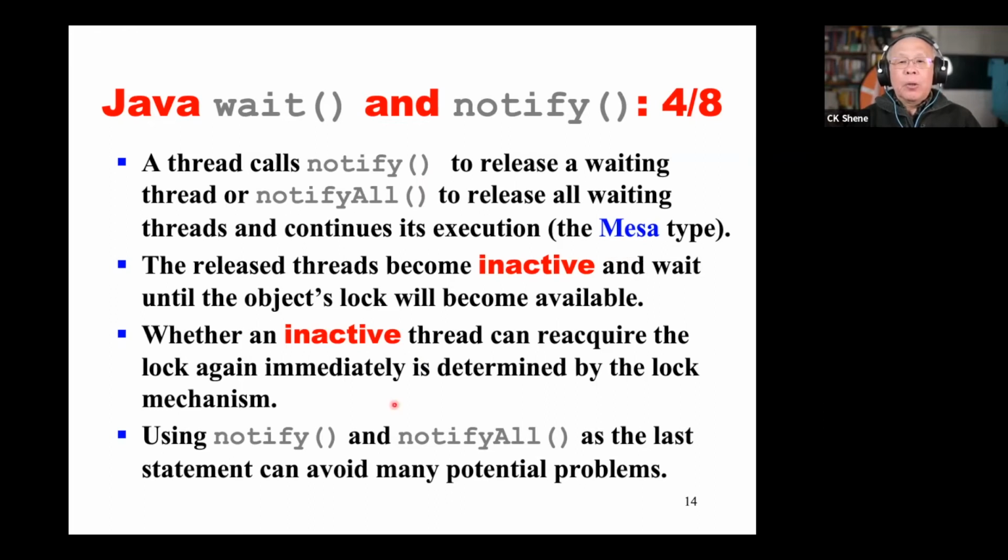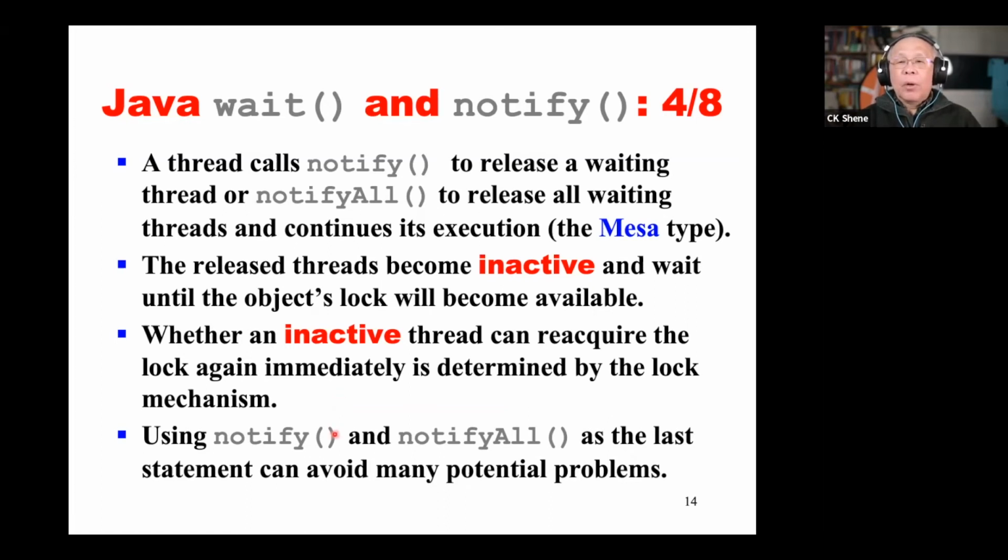Thread B, the caller to notify, continues. Thread A is released from the waiting state and put somewhere. So upon exit, thread B, who called notify earlier, would release the lock so that the lock is available. Can thread A get the lock back? We don't know. There's no assumption that A would get the lock back immediately.